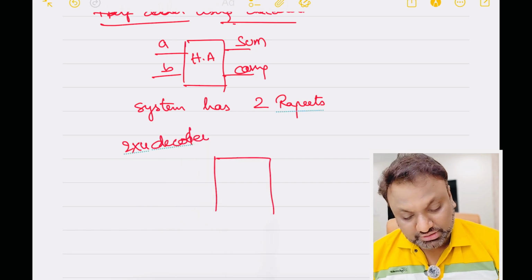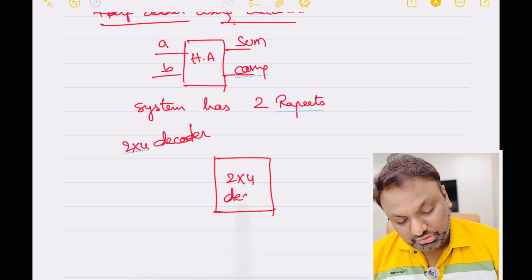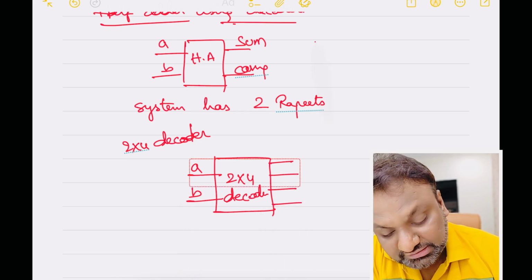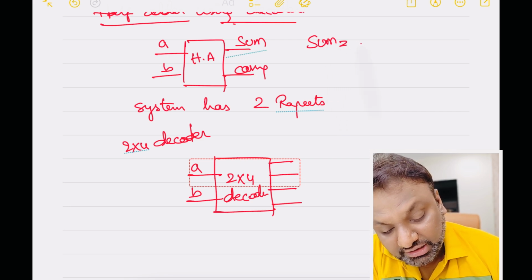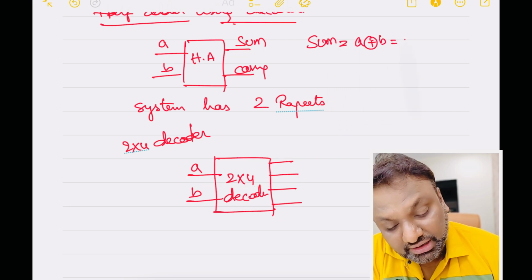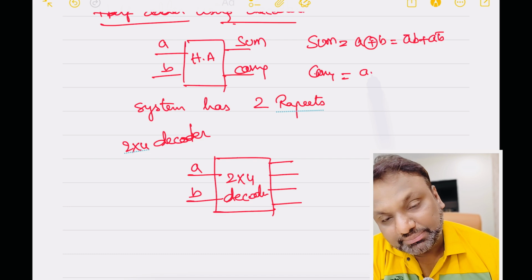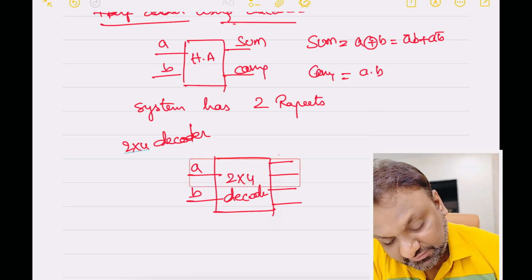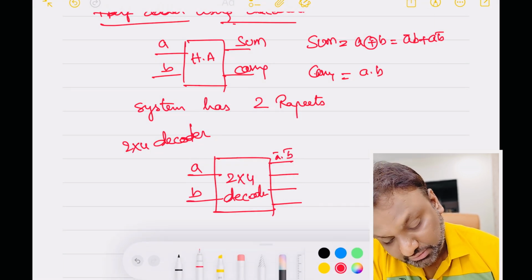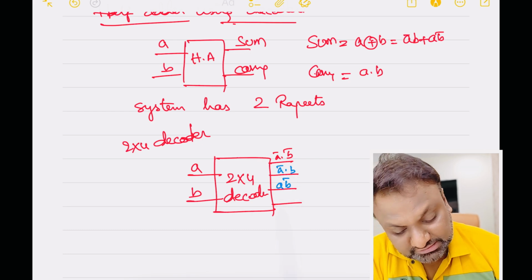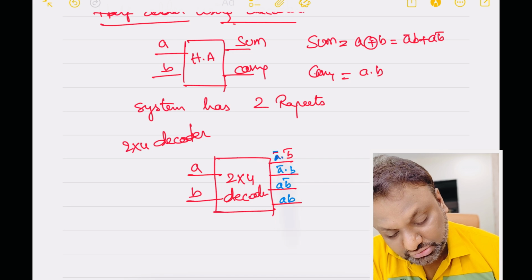A and B are my inputs. What is my output here? I have two outputs. Sum is equal to A XOR B, that is equal to A bar B plus A B bar, correct? Carry is equal to A into B, correct? So you see here, this is A bar into B bar, this is A bar B, this is A B bar, and this is A B.